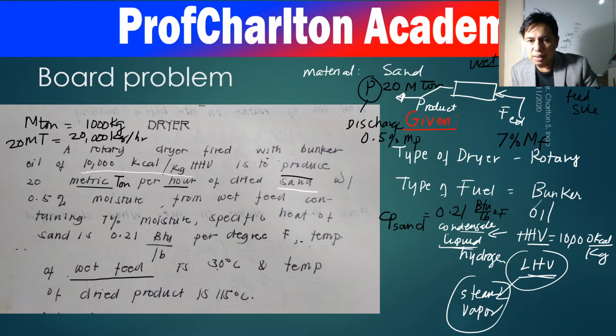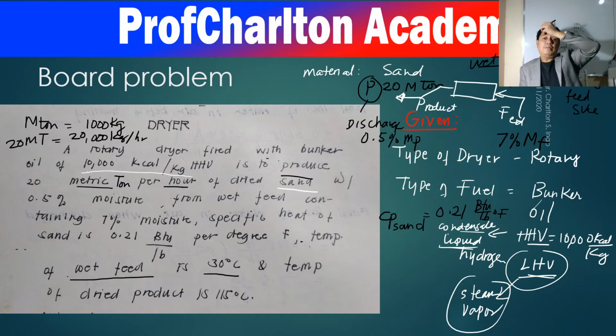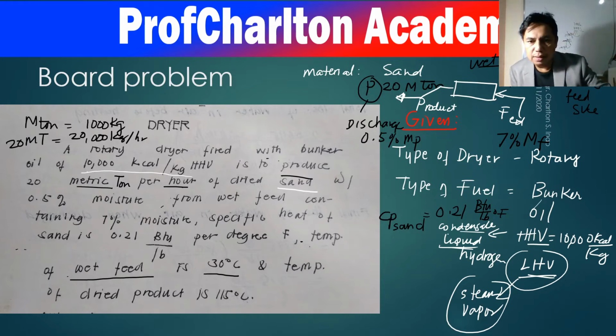It is 30 degrees centigrade, right? 30 degrees centigrade, and the temperature of the dried product is 115, meaning it's higher. The temperature at the product is higher, and the temperature at the feeding side is lower.